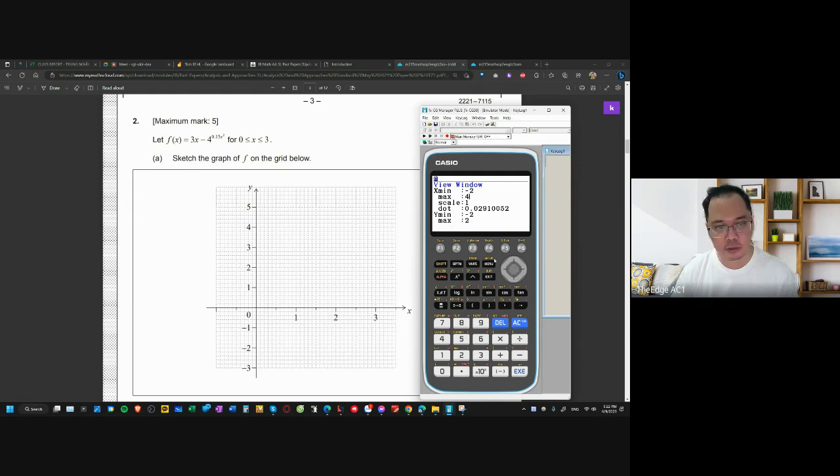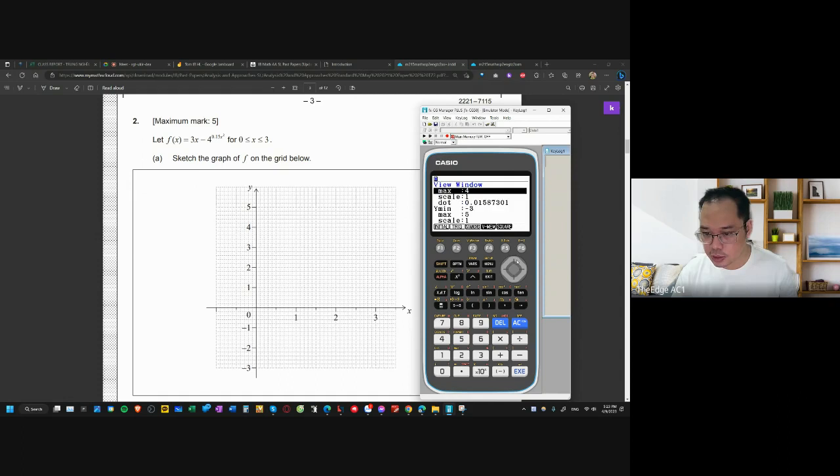So x here is from 0 to 3. I will not choose -2 here, but I intentionally chose -2 to make it bigger, to 4. And then y value minimum is -3, maximum is 5. Okay, and plot the graph.